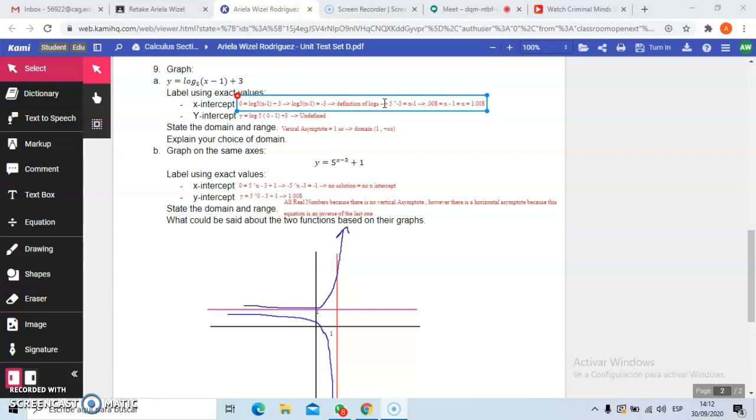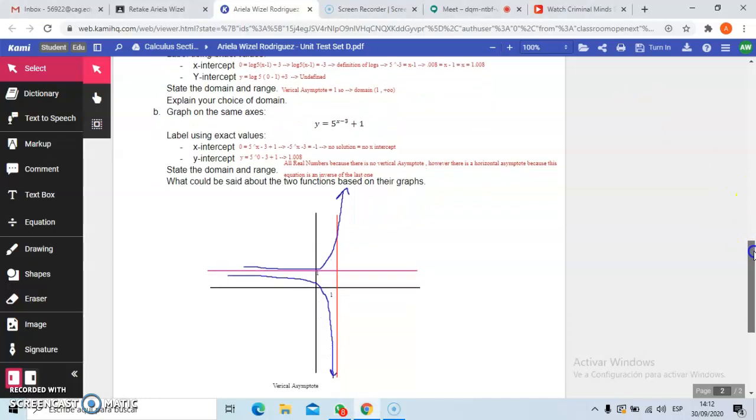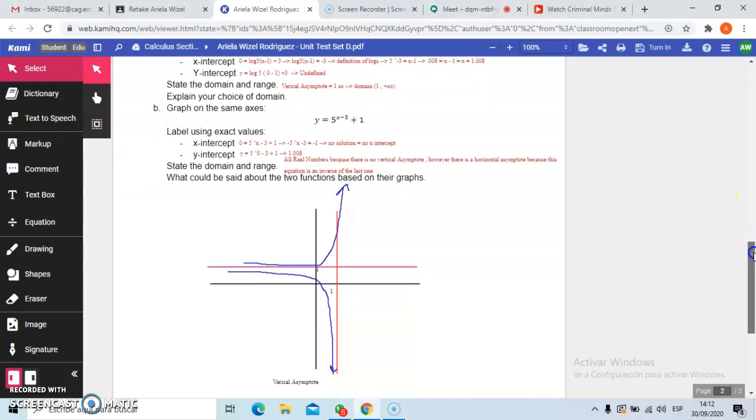And since I am solving for x, I have to add 1 on both sides, so the x-intercept is 1.008.